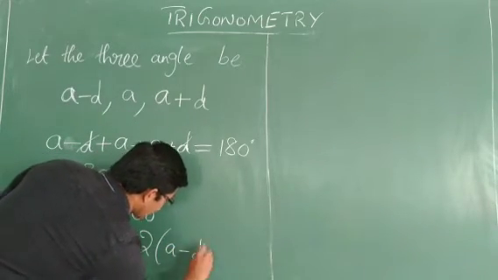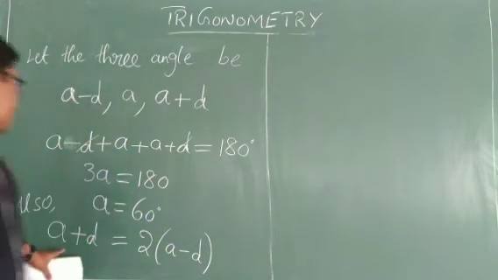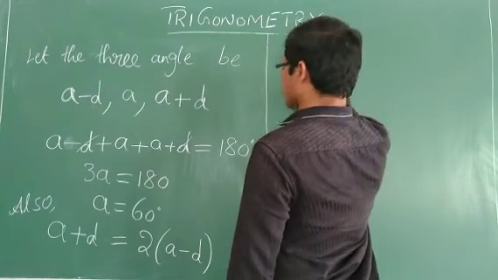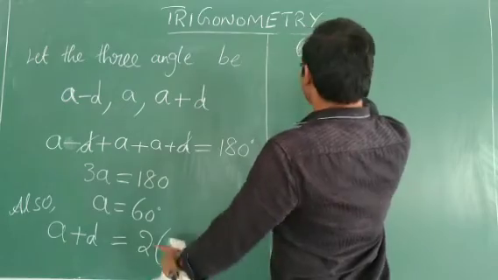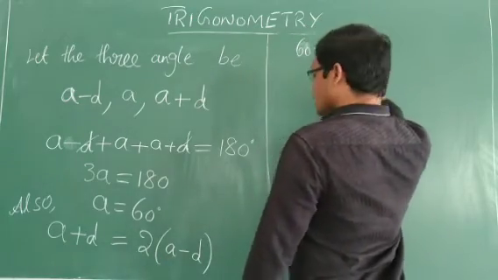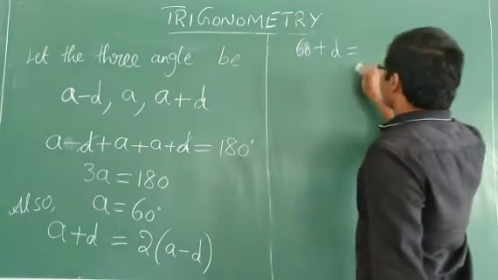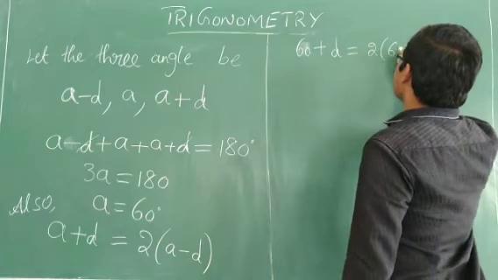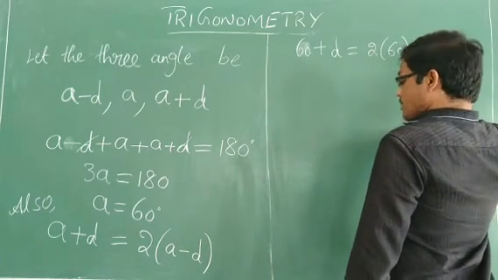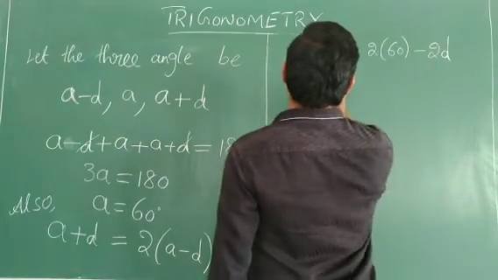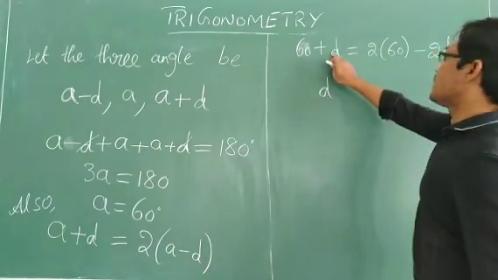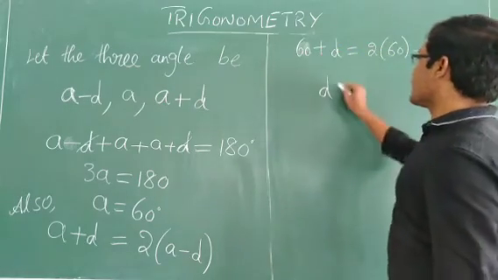So a plus d is equal to 2 into a minus d. a is equal to 60, so 60 plus d is equal to 2 into 60 minus 2 into d.